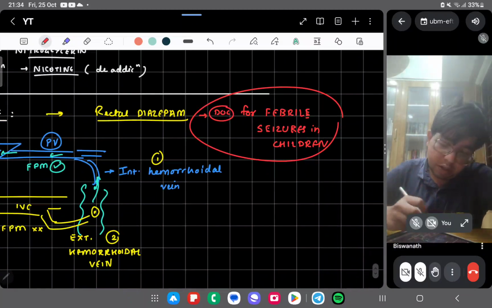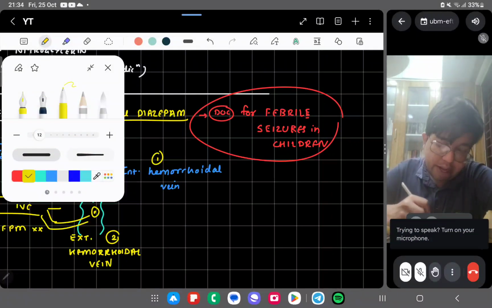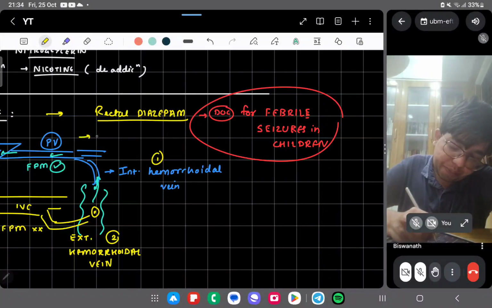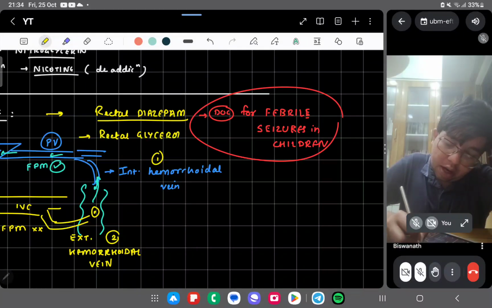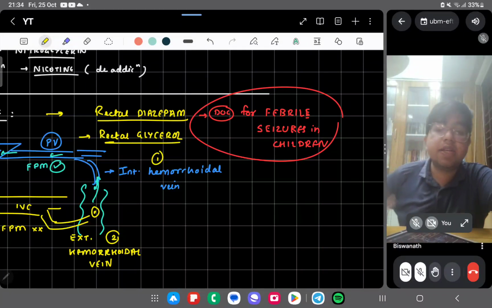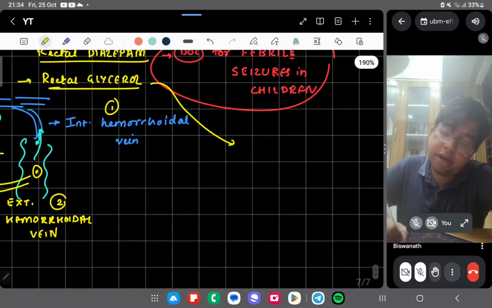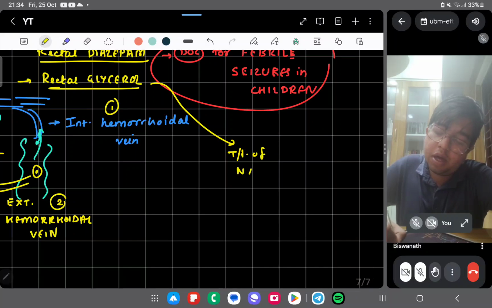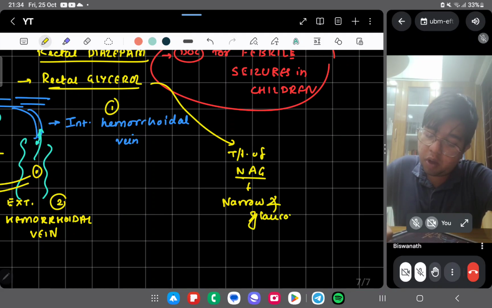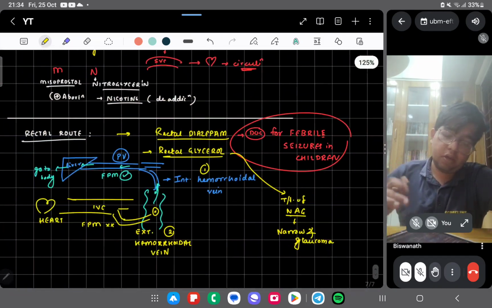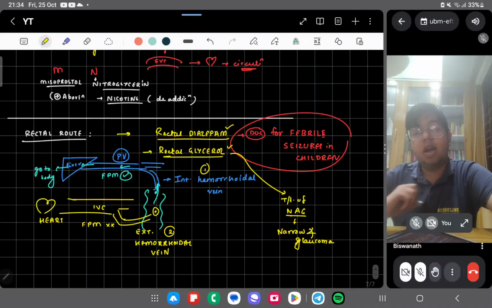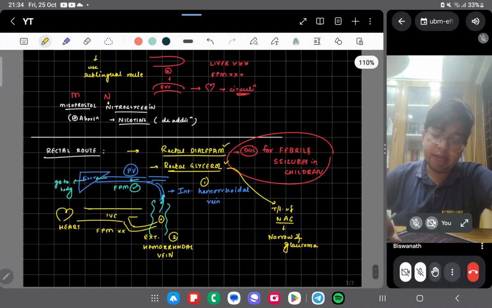And we can also remember another drug, rectal glycerol. Rectal glycerol is an osmotically active drug used for the treatment of NAG. NAG means narrow angle glaucoma. So rectal diazepam and rectal glycerol are the two drugs given by the rectal route.